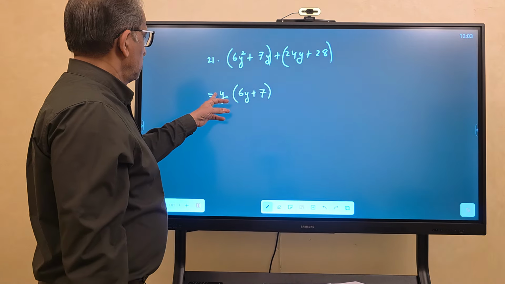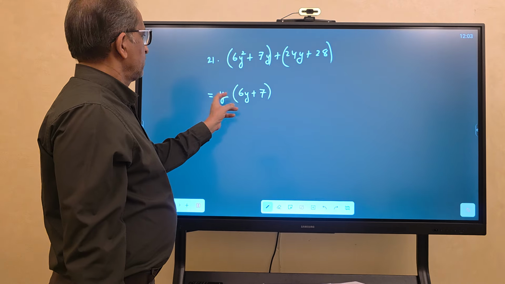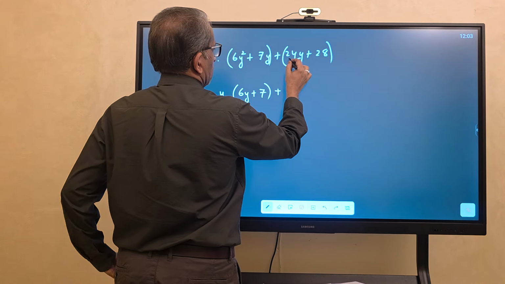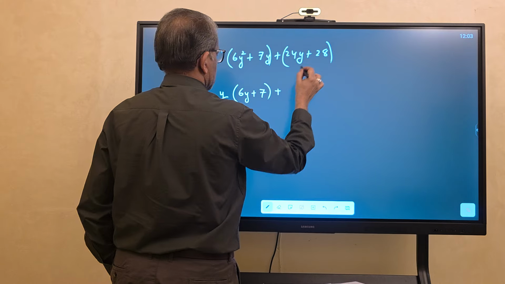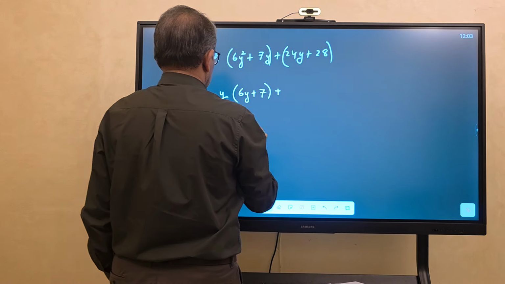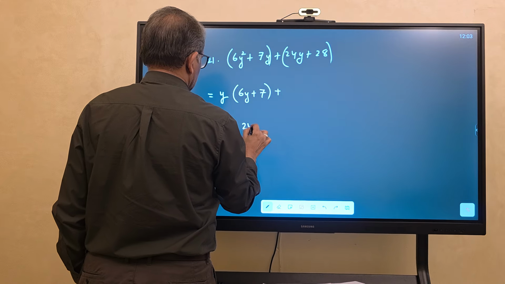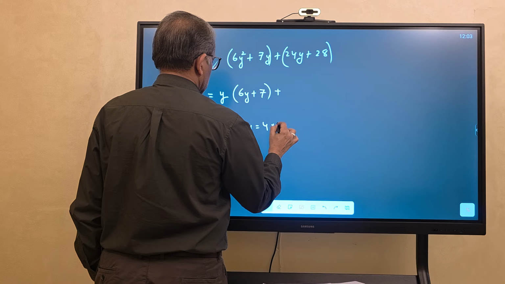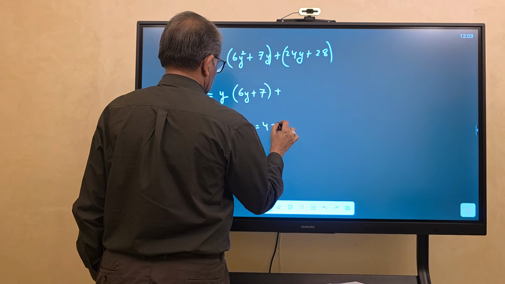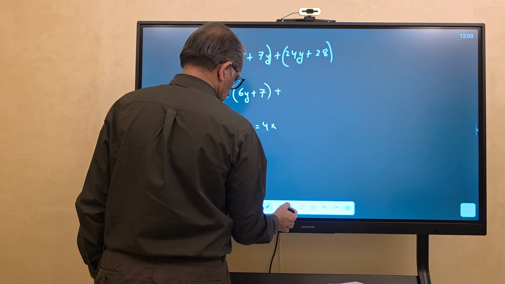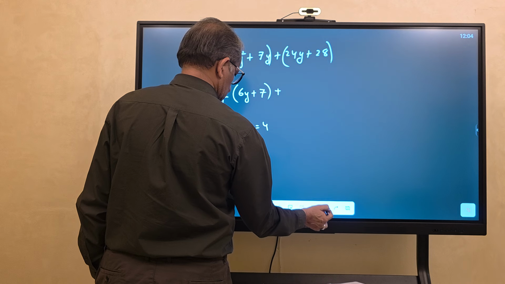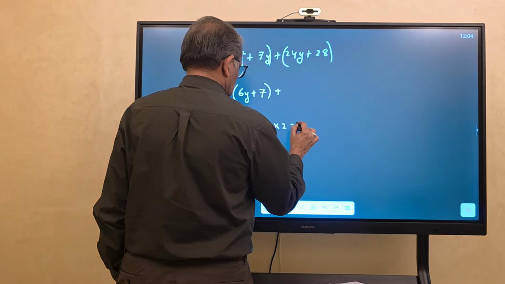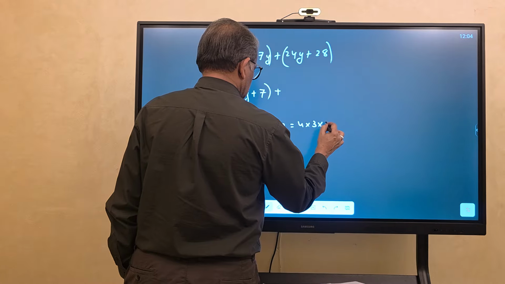See, 6y square and then 7y. What is common here? 24 and 28. You can just see the common. Here 24 I can write as 4 into 6, or 4 into 3 into 2.